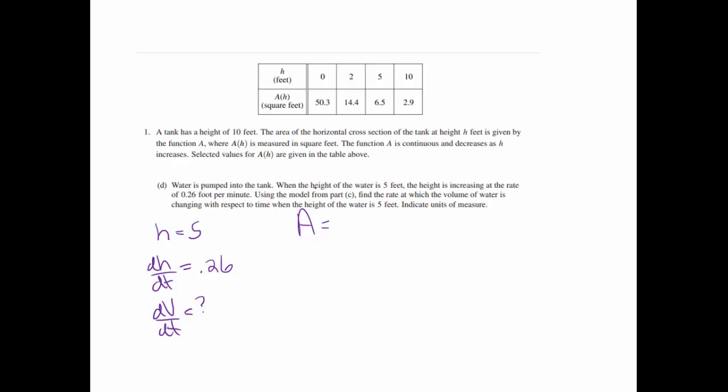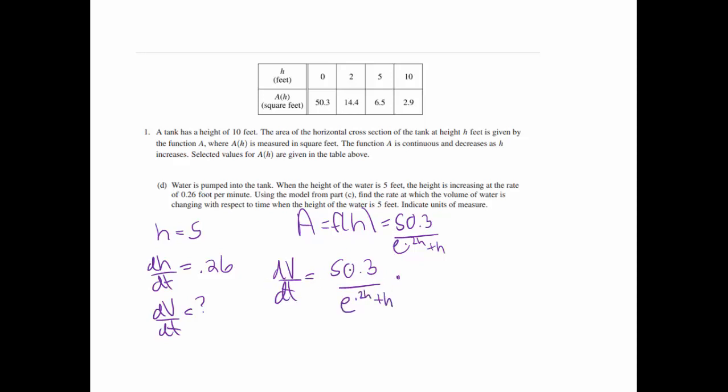A was f of h, which was equal to 50.3 over e to the 0.2h plus h. Okay, so that was the area, and I need a formula for dv dt. Well, if this is area, that actually is how fast the volume is changing because the derivative of volume is area. So if I want dv dt, it's actually going to be that formula, 50.3 over e to the 0.2h plus h.